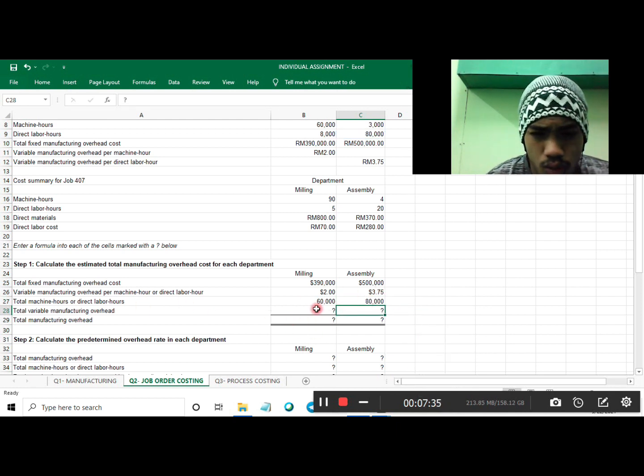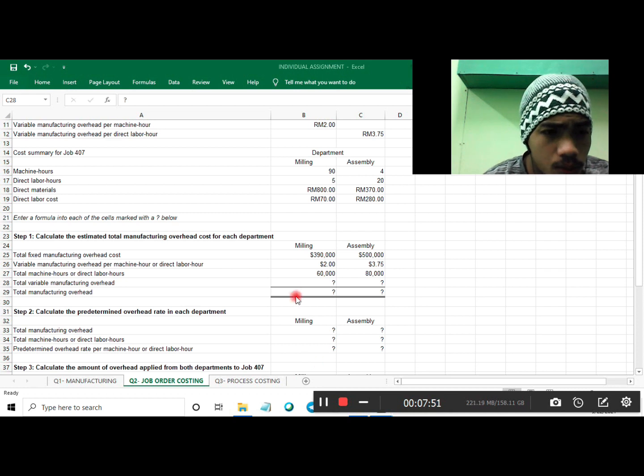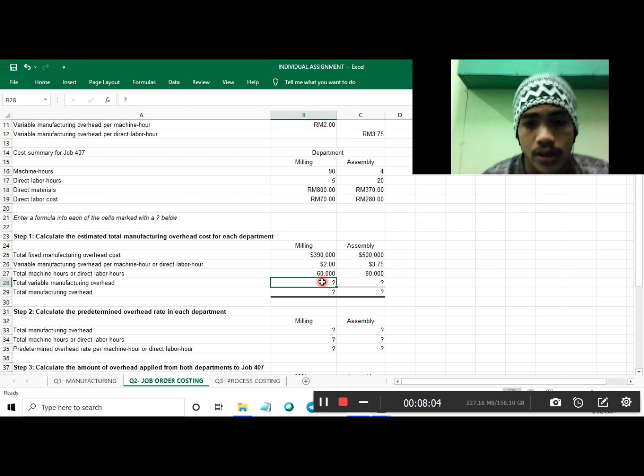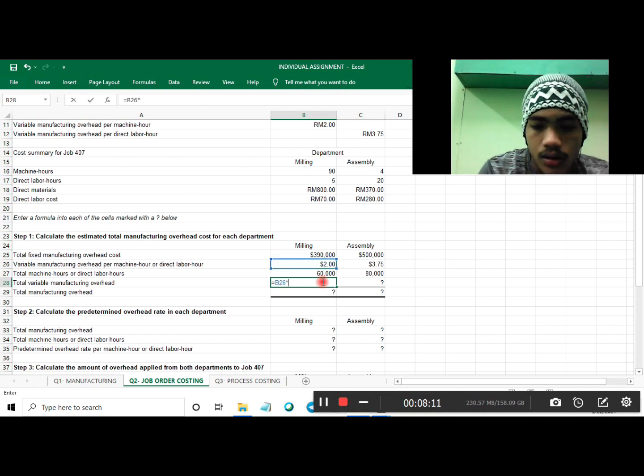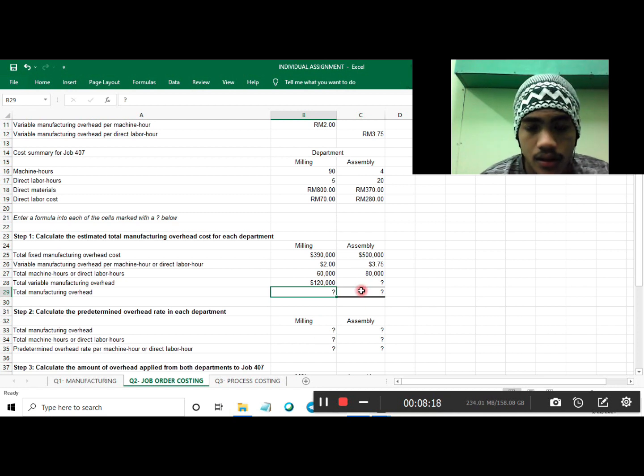And then for total variable manufacturing overhead, we need to multiply the variable manufacturing overhead per machine hour for milling by the total machine hours. So 2 ringgit multiplied, we get 120,000. For assembly, 3 ringgit 75 cent multiplied by 18,000.